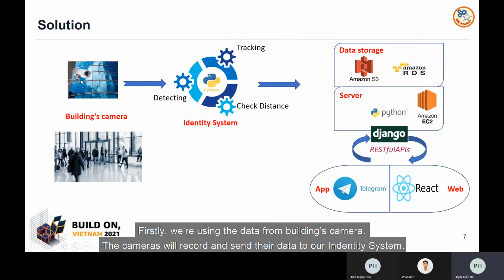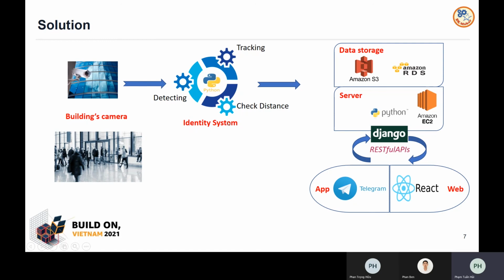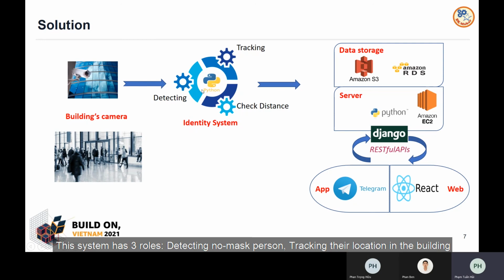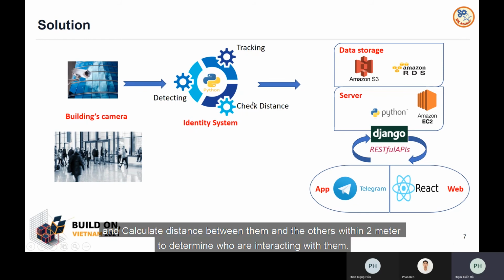Firstly, we use the data from building cameras. The camera will record and send that data to the identity system. This system has three roles: detecting people not wearing masks, checking their location in the building, and calculating the distance between them and others, using 2 meters to determine who is interacting with them.